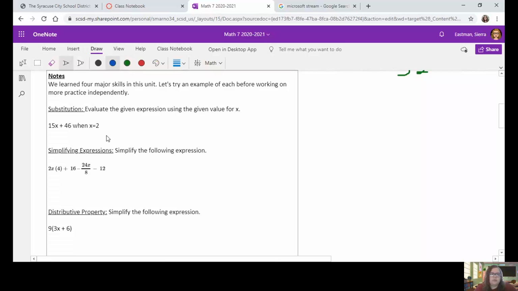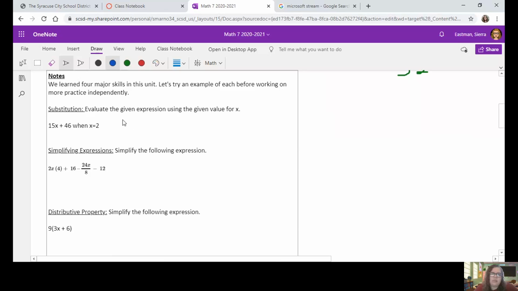Starting with our first skill, substitution, we're going to try that one more time together. It says evaluate the given expression using the given value for x. So anytime we see an expression with a variable and it also has a value for that variable, they're telling us that they want us to substitute.